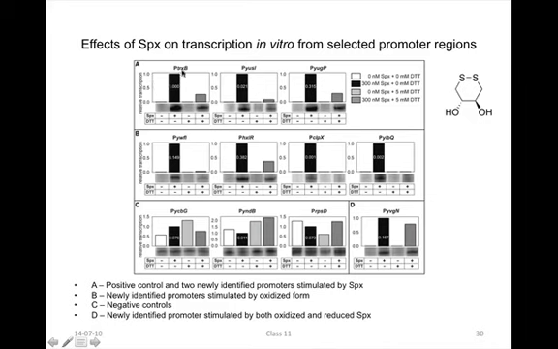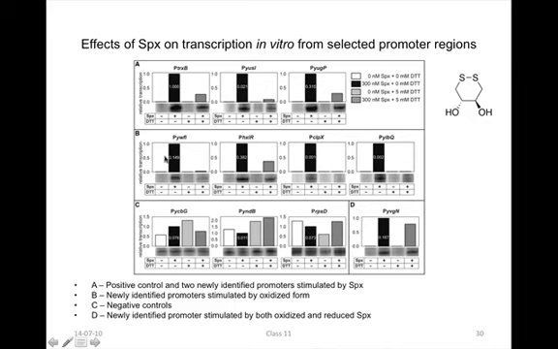So A, PTRXB was already known, so this is your positive control, and it's known to be oxidized, and it's also shown to be reduced as well in the presence of DTT. PYUSI, oxidized and reduced. PYUGP, oxidized and reduced.